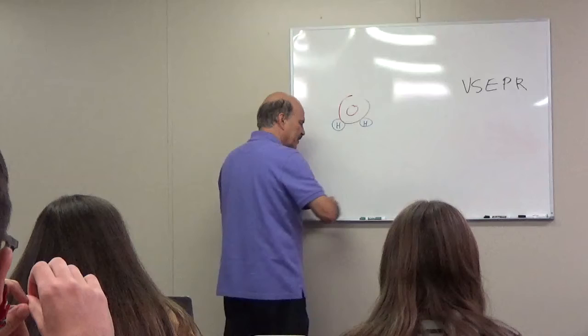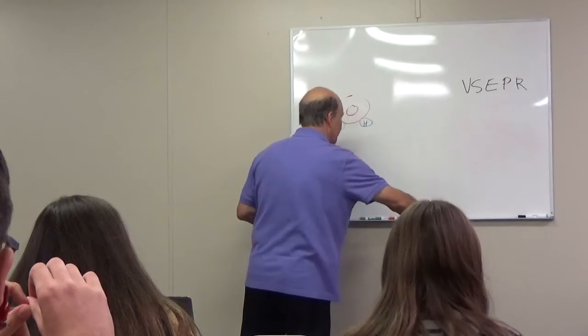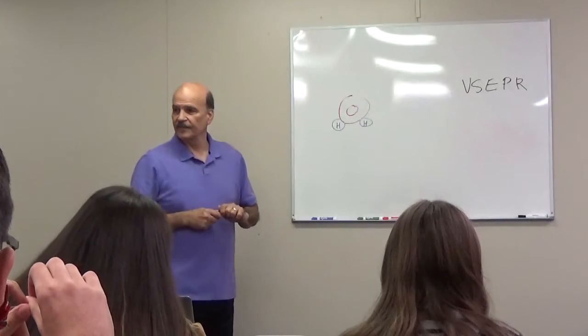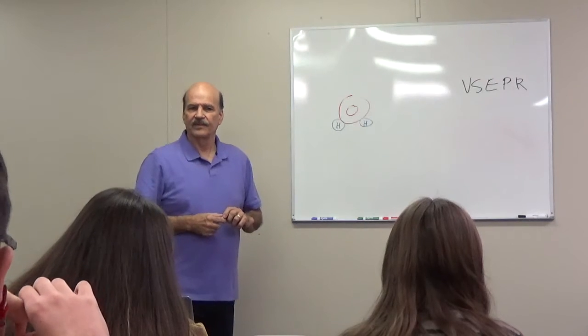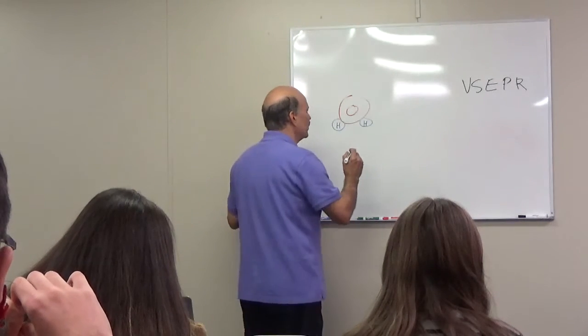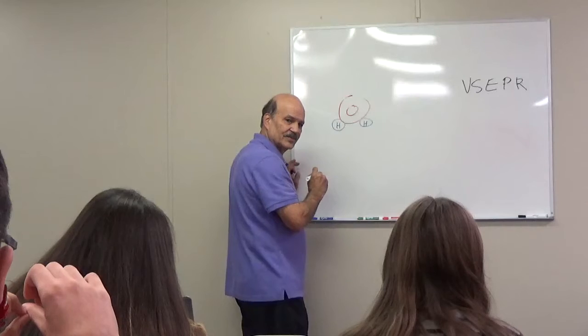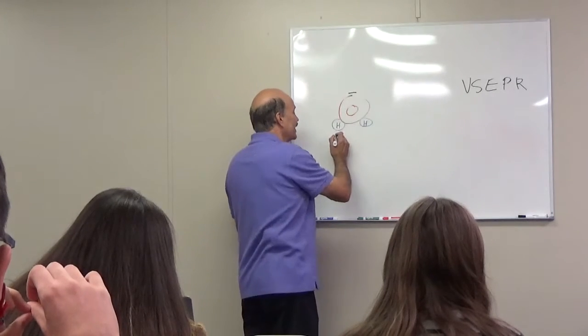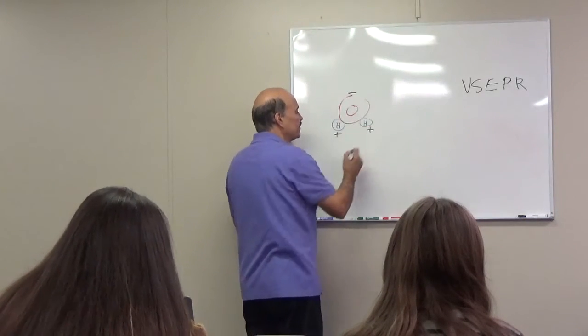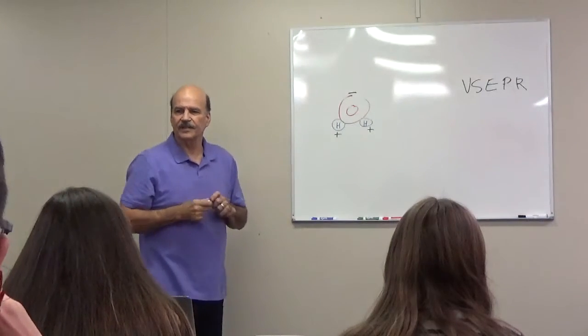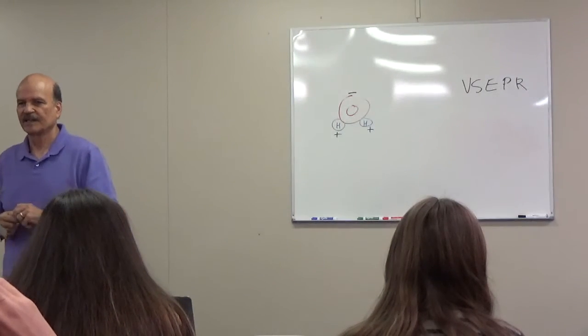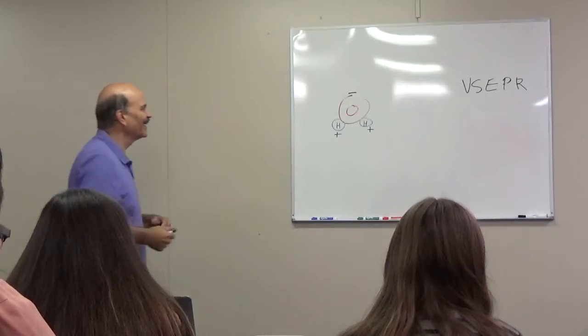Which part of this molecule is negative, which part is positive? The oxygen's positive and the hydrogen's negative. So which one's positive? The oxygen, isn't it? Actually, the oxygen is negative, and then the hydrogen is positive. So do we know why that happens? It has a charge like that, because the negatives attract the positives.